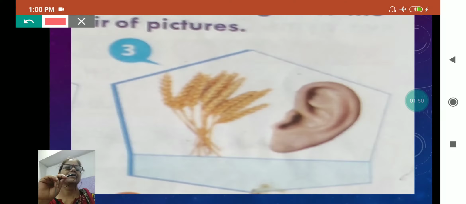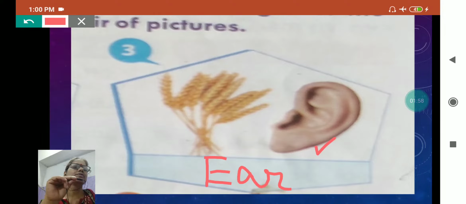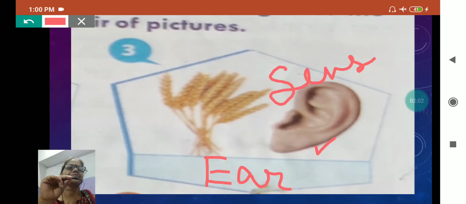Now see, this is ear. This ear, all of you know, is our sense organ. And this ear is the part of the crop.